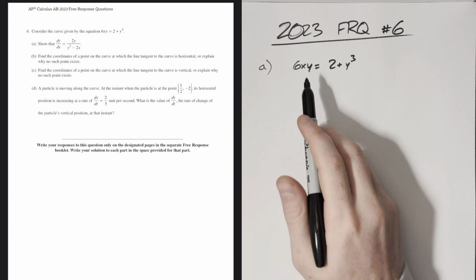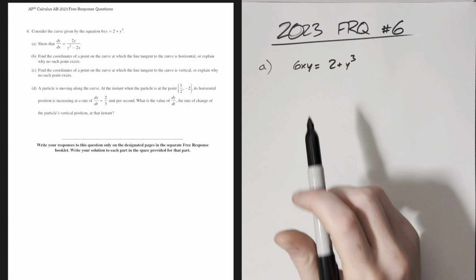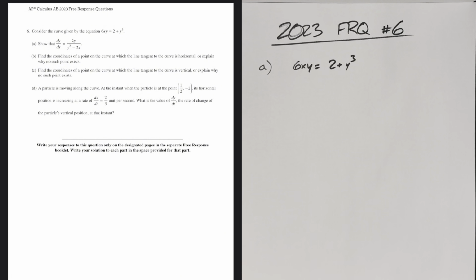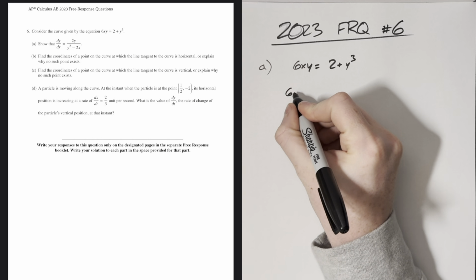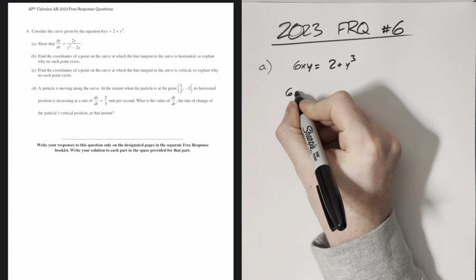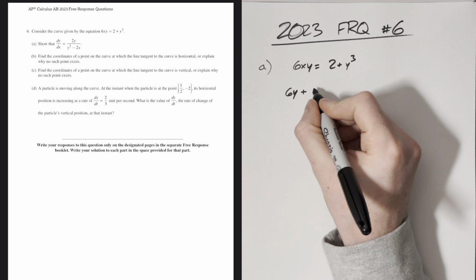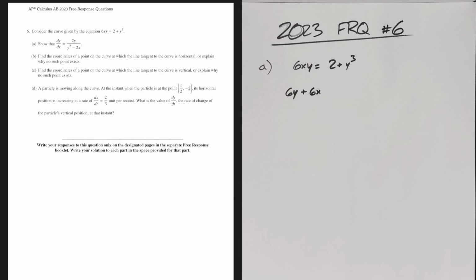Now on this left side, I have x times y, and I'm going to treat x and y like separate functions. So to take the derivative of 6xy, I need to use product rule. So product rule is the derivative of the first term times the second term, so that's just 6y, plus the first term times the derivative of the second term.